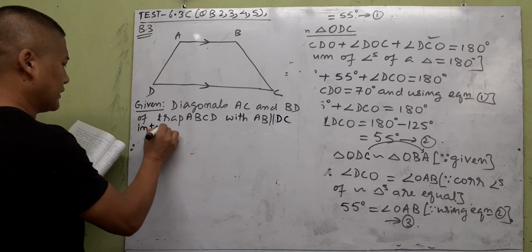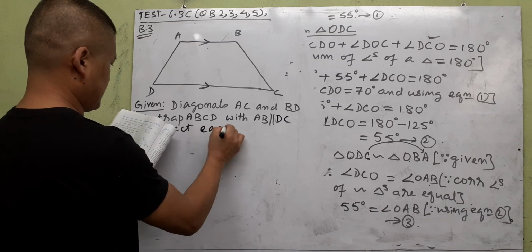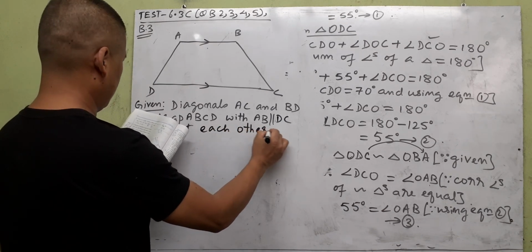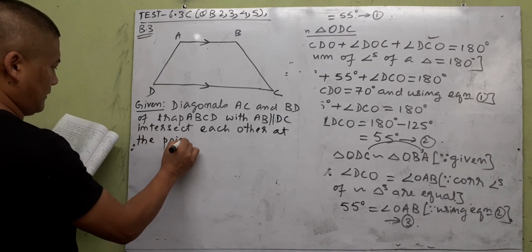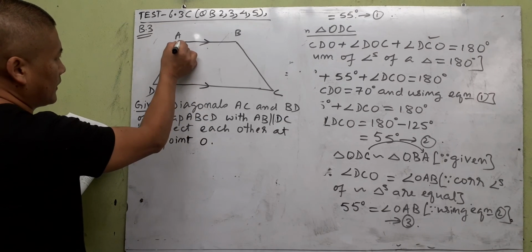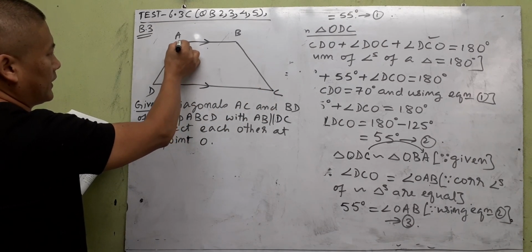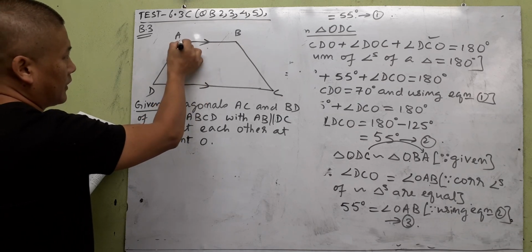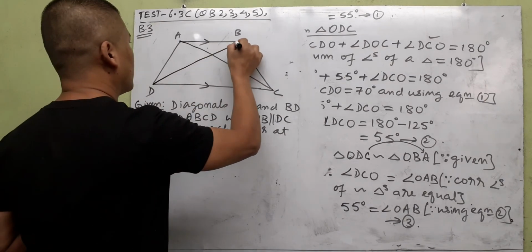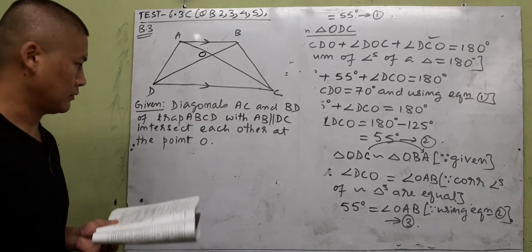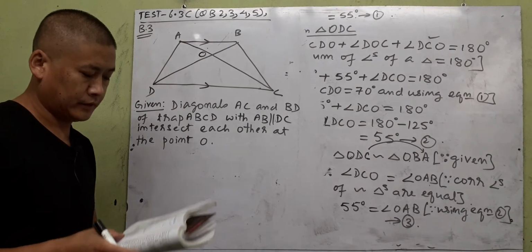Intersect means the diagonals cut each other at the point O. Diagonal means vertex A and C, which are far away. Sharp points are called vertices. Vertices A and B are nearby, so consecutive. But the line joining non-consecutive vertices is called a diagonal. So there are two diagonals possible. They intersect at O.